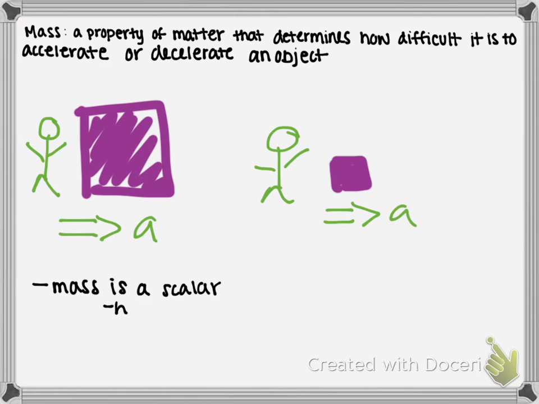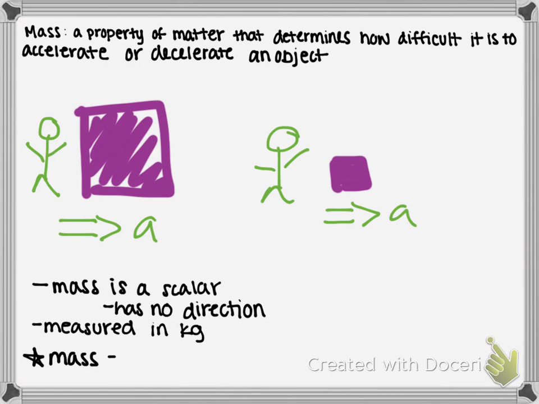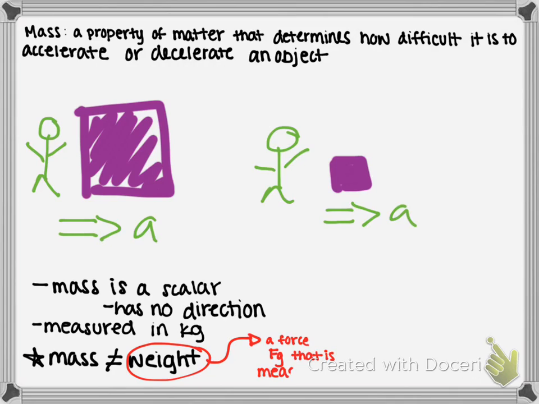We also should know that mass is a scalar, meaning it has no direction, and mass is also measured in kilograms. Also, make sure to not confuse mass and weight. Weight is a force, specifically the force of gravity pulling down on you, or Fg, and this is measured in newtons.